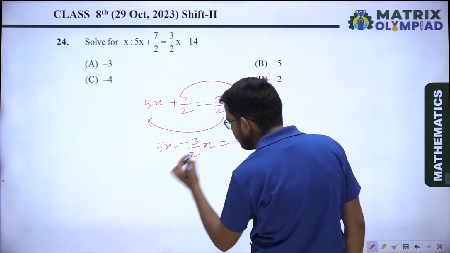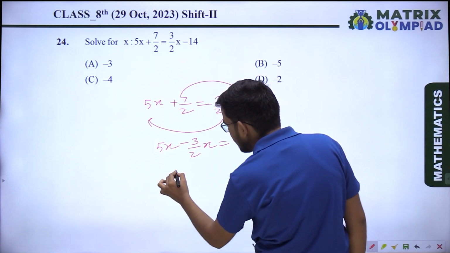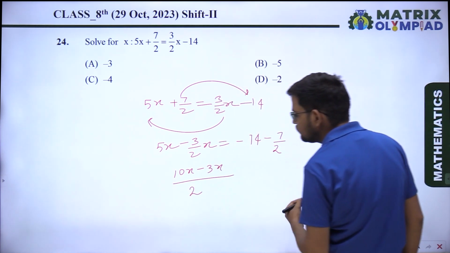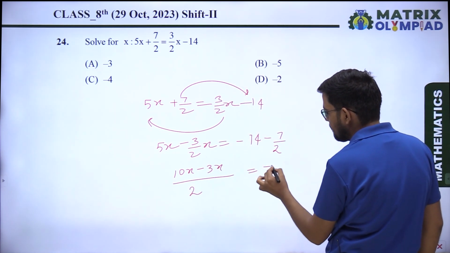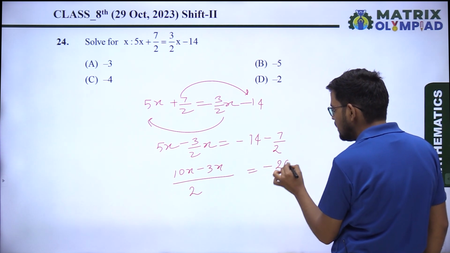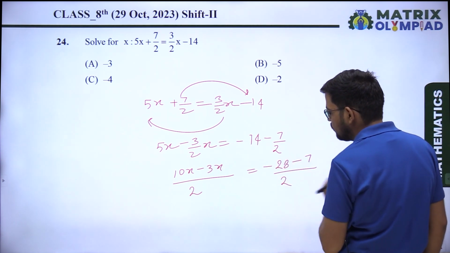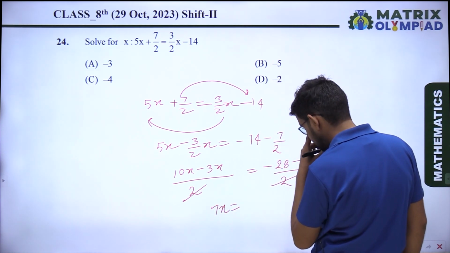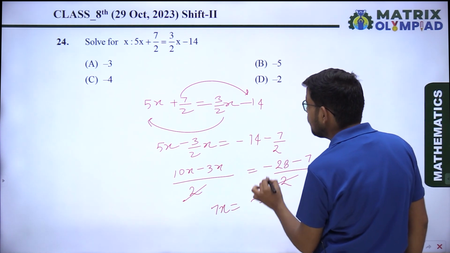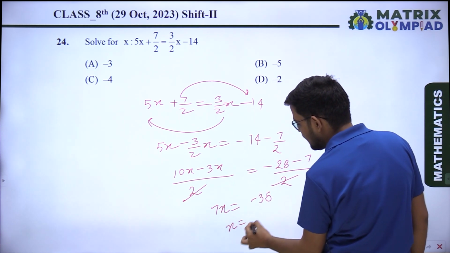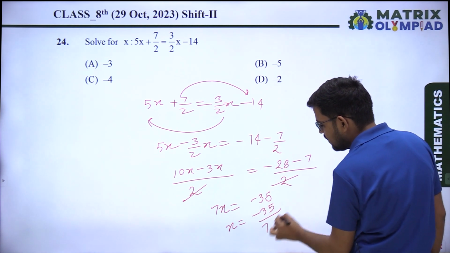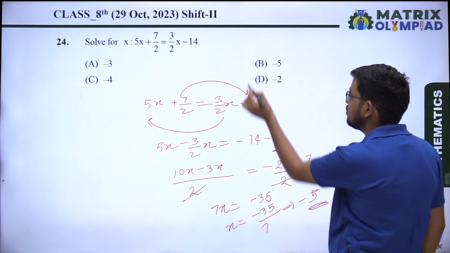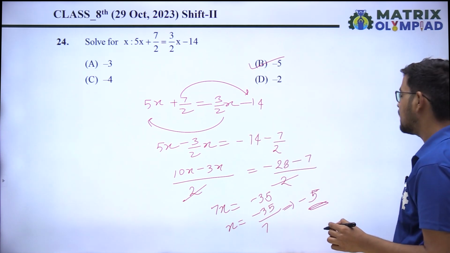So here you are getting 10x minus 3x over 2 equals minus 28 minus 7 over 2. 2 cancels out. Here you are getting 7x equals minus 35. So x is minus 35/7, that is minus 5. So the value of x is minus 5. Option B is the correct answer.